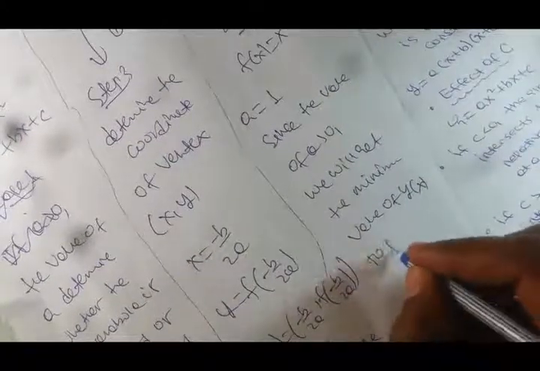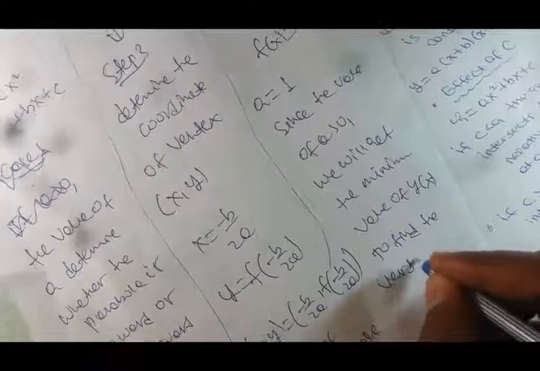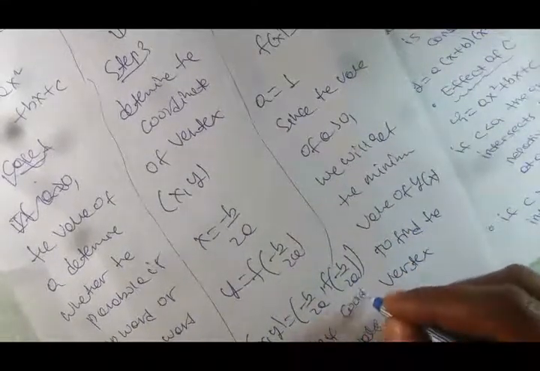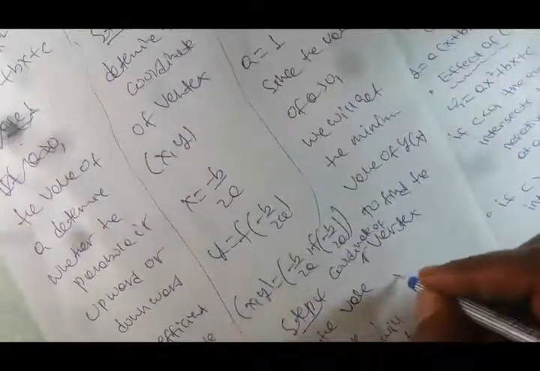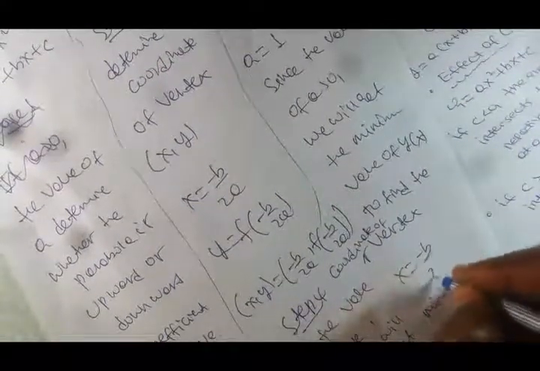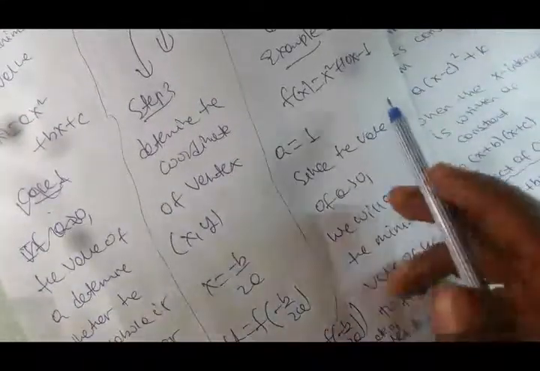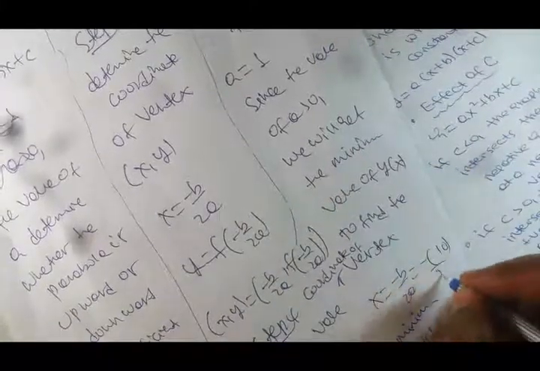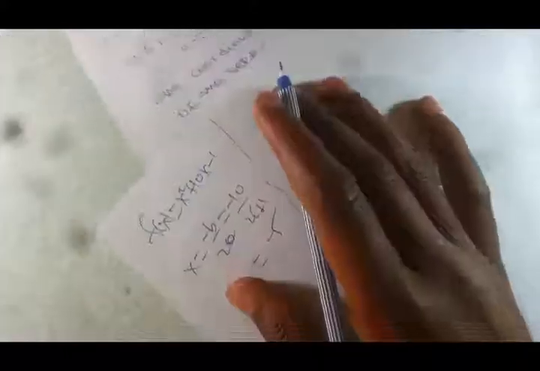To find the coordinate of the vertex, we use x equals minus b over 2a. This is equal to minus of the value of b, which is 10, over 2 times 1. So x is equal to minus 5.